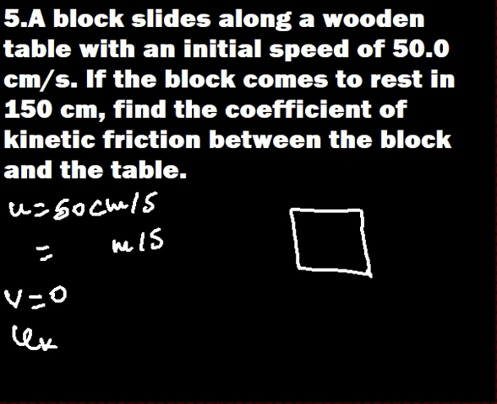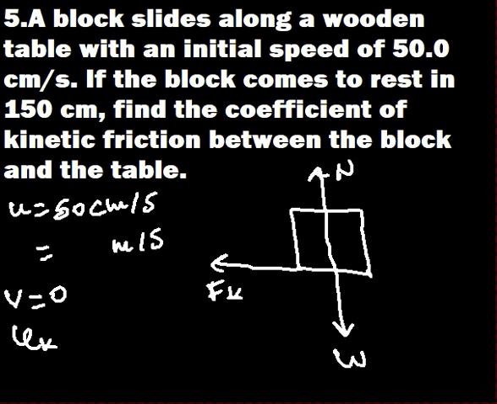This is the object, and we have not been given anything to do with a force applied. It means we assume that there is no force being applied. The only force there is the friction force, Fk. And we have the forces acting: the weight of the object, and the normal force acting upwards.